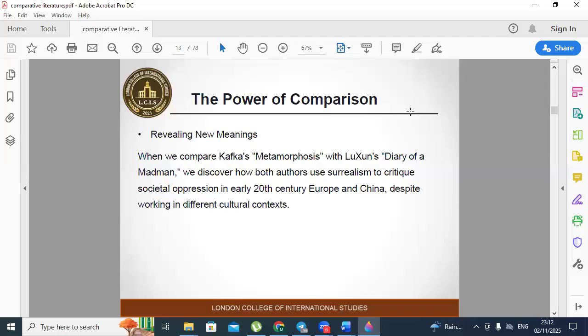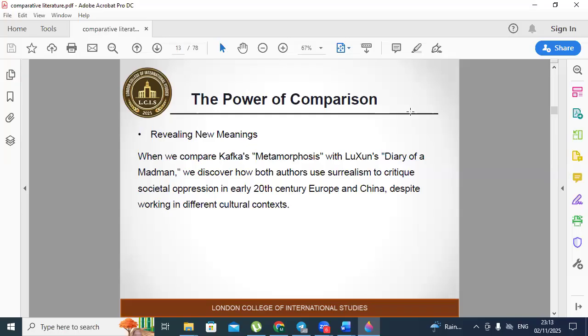Here we see a brilliant concrete example of the power of comparison in action, by comparing Franz Kafka's German language story Metamorphosis with Lu Xun's Chinese story Diary of a Madman. We can see a powerful connection despite their vastly different cultural contexts, early 20th century Europe versus China.